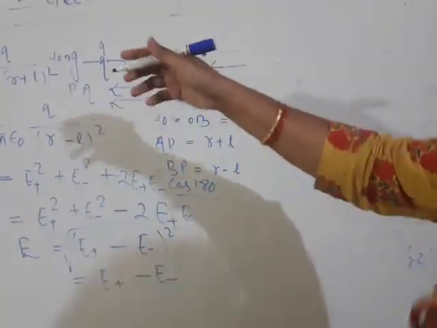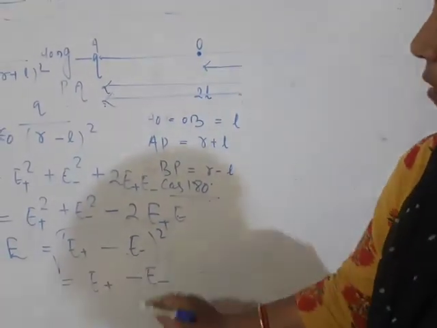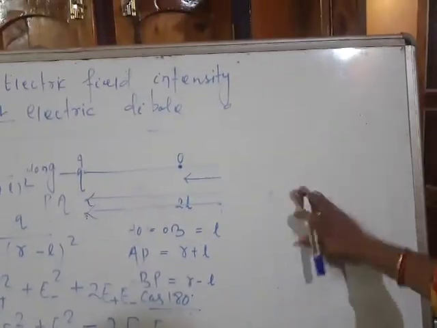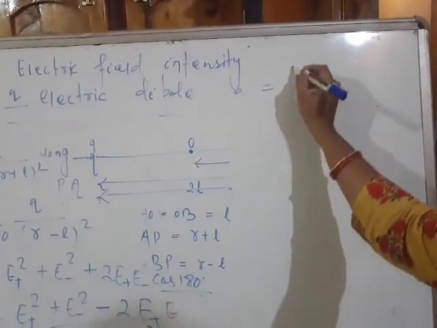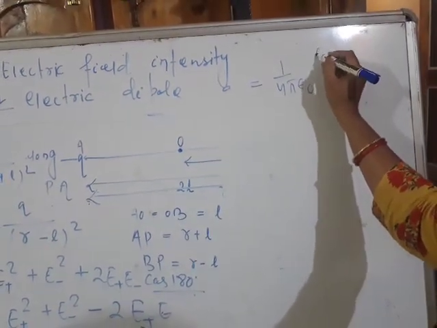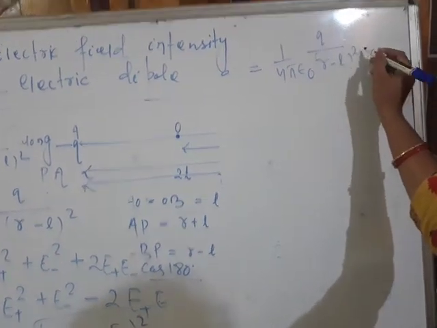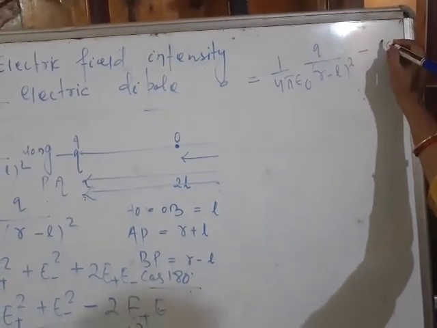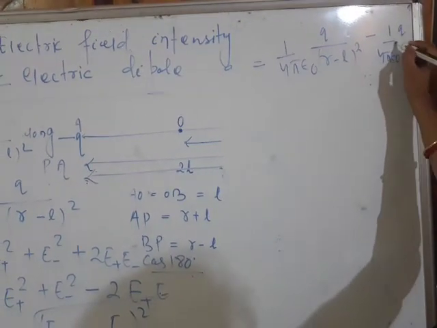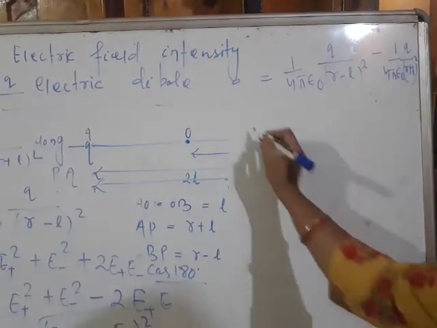I have already found the magnitude of this charge. If I take the mod of E plus and E minus, so what I will get is 1 by 4 pi epsilon naught q by r minus l whole square minus 1 by 4 pi epsilon naught q by r plus l whole square.